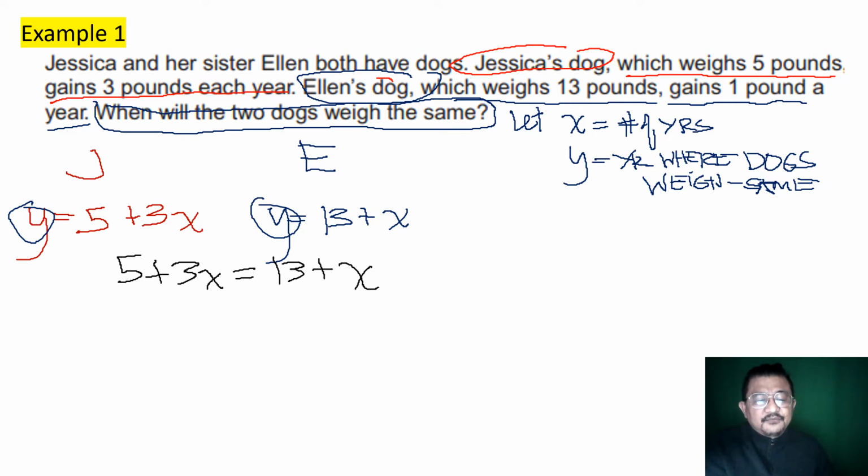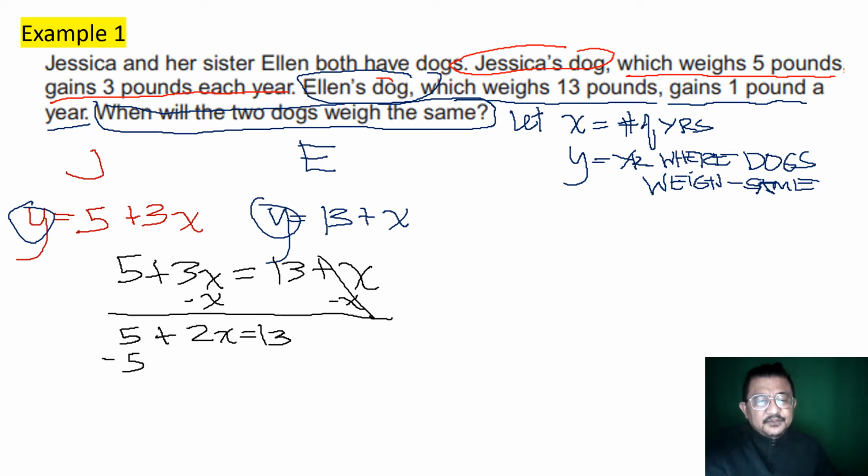We now solve for x, okay? So we want the x's together on this side, minus x for you, minus x for you. That cancels out. That becomes 2x is equal to 13, and the plus 5 is still there. I need to take away the plus 5.